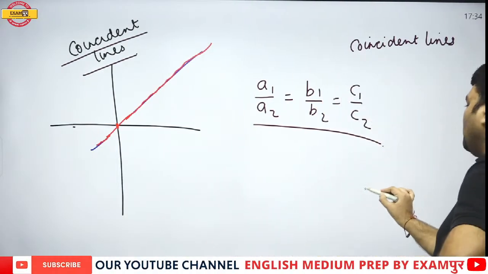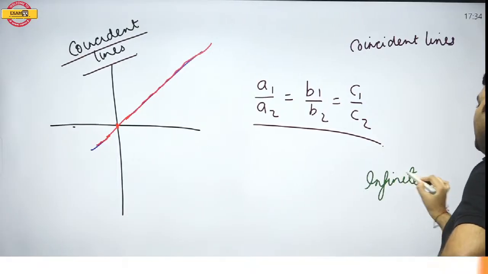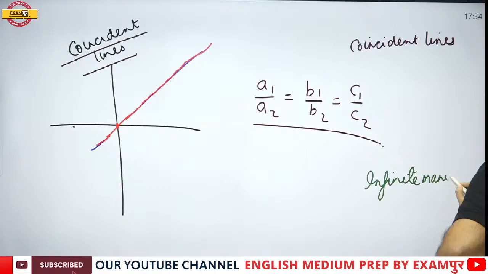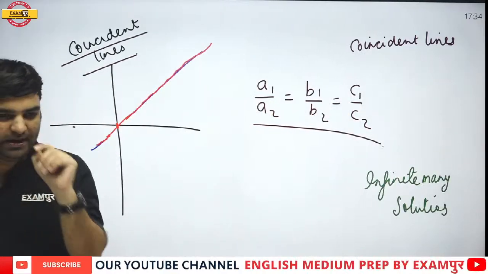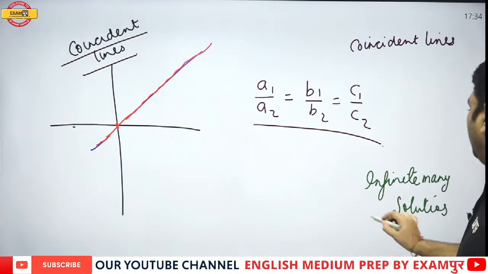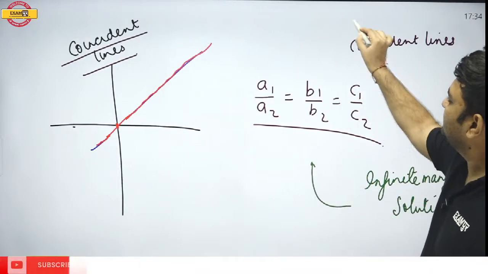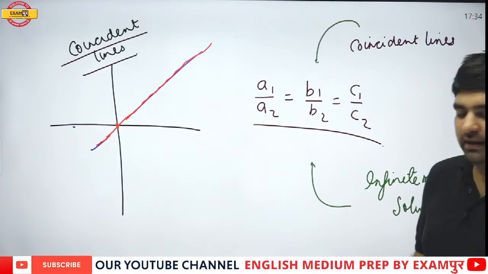So this is also the case for infinite many solutions. So A1 upon A2 is equal to B1 upon B2 is equal to C1 upon C2 is the condition for infinite many solutions. We have connected both.